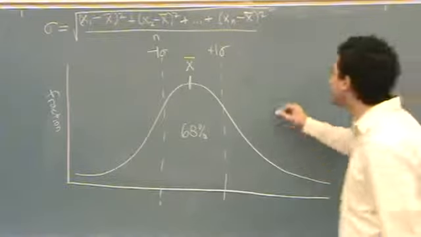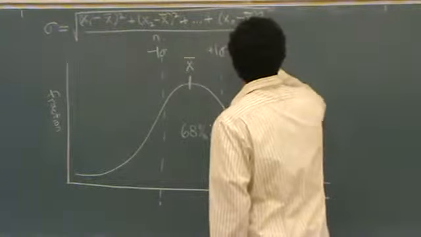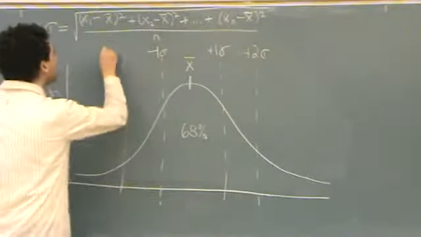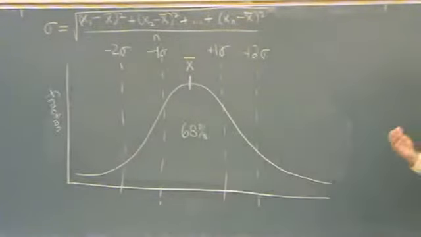Now, 2 standard deviations would be up here. Here's +2 standard deviations. And here would be -2 standard deviations below the mean. So standard deviations like 10 or 15 or whatever, some number. I'll put in some examples in just a little bit. Okay, so now let's say you have that.